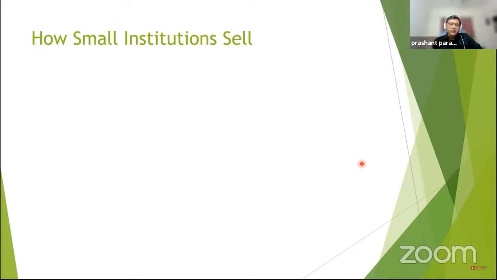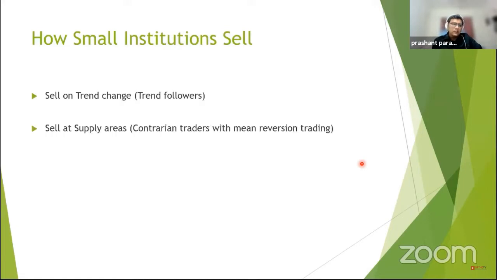Then there are small institutions and smart money who sell with a change in trend. The people who are following trends exit when the trend changes. Then there are people who sell at supply areas, like contrarian traders and mean reversion traders. Then there are people who sell an asset if it is not performing as expected.